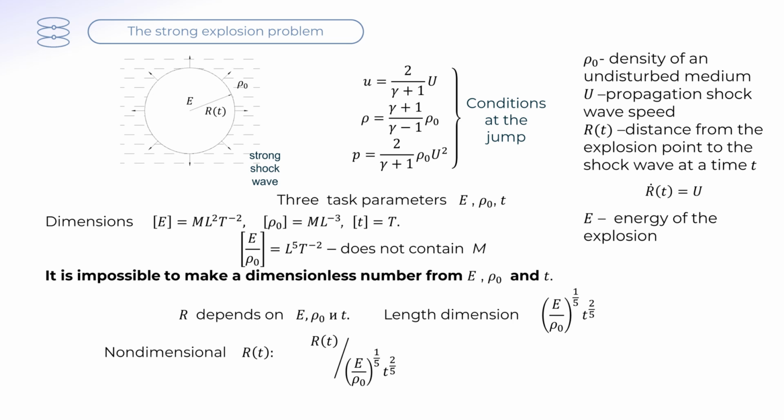A length dimension from these three parameters is very simple to get. You can see it here, and time in this formula is in the power 2 by 5. And the non-dimensional distance is r divided by this parameter, which is the non-dimensional size for this problem.